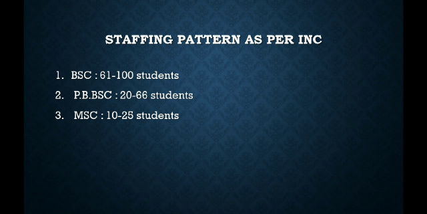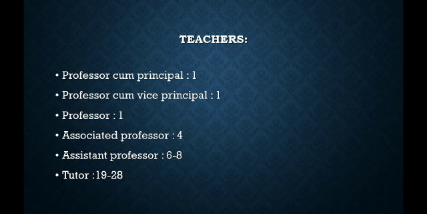For post basic BSc nursing should be 20 to 66 students, and for MSc 10 to 25 students should be allowed. And for teachers, professor cum principal should be 1, professor cum vice principal 1, professor 1, associate professor 4, assistant professor 6 to 8, and tutor 19 to 28.